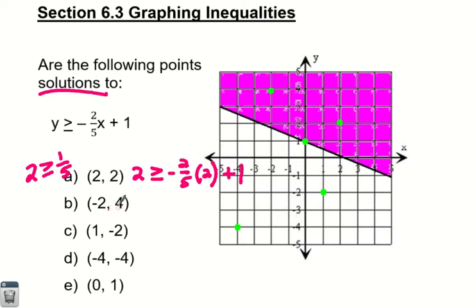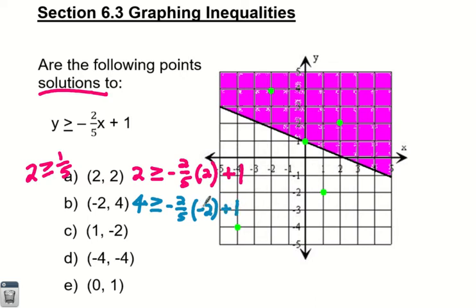If you plug in (-2, 4), I guess why don't we just go ahead and do that as well? Why not? We have the time. So if I plug in 4 for the y, is 4 greater than or equal to negative 2/5 times, and I plug in negative 2 for the x.